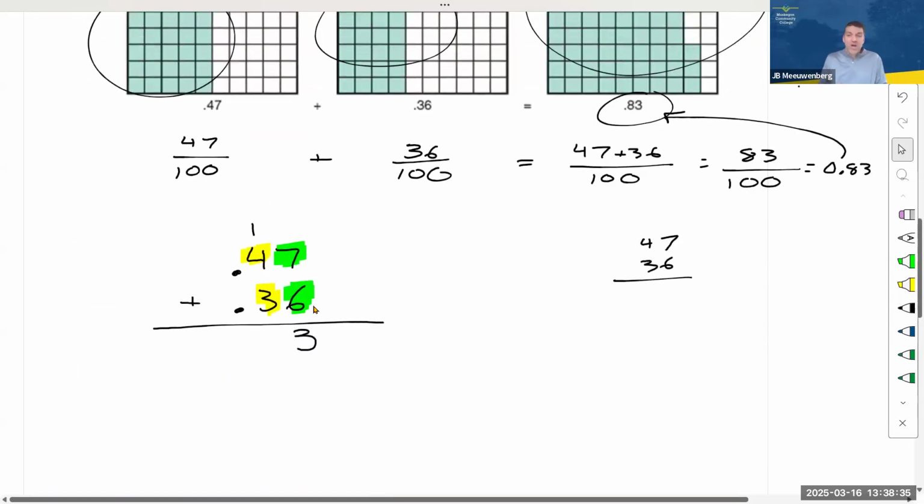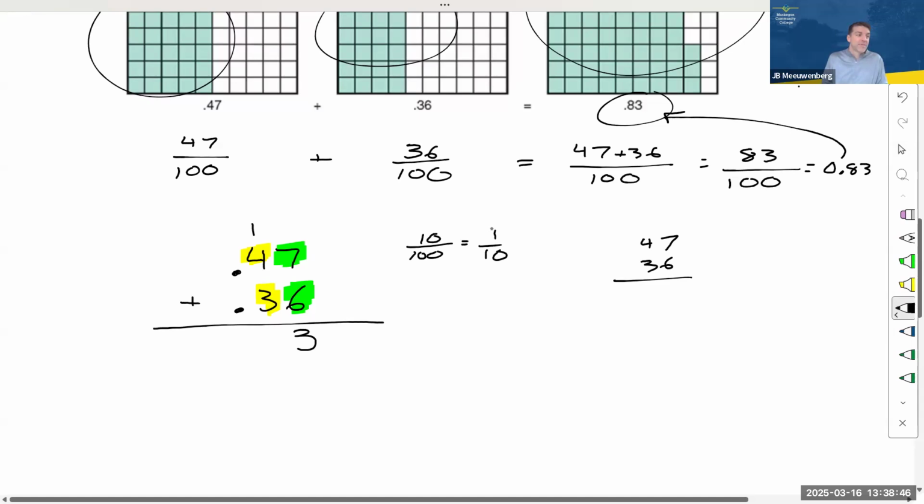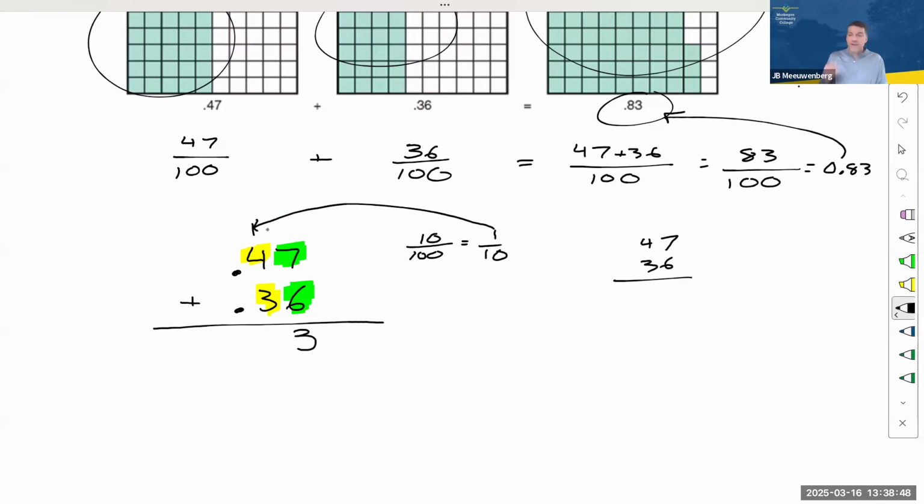That's what we do when we are carrying the 1. We had 13 hundredths. 10 of them get transferred over to the tenths column because 10 hundredths is equal to 1/10. That's what we are using right there. I spent a lot of time talking about this because this is essential to your understanding and your future students' understanding of why we do these algorithms the way that we do.